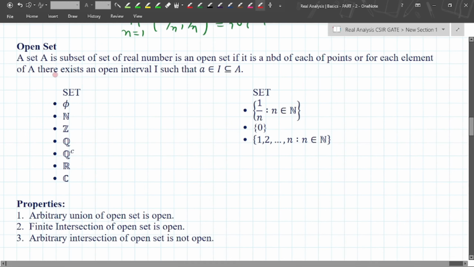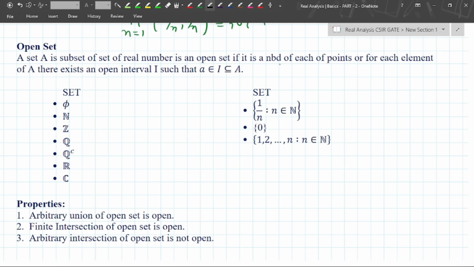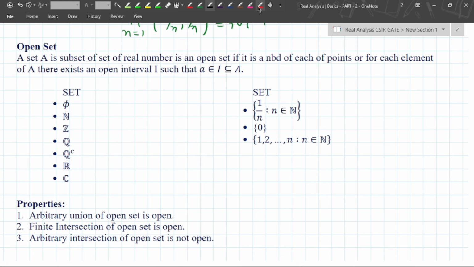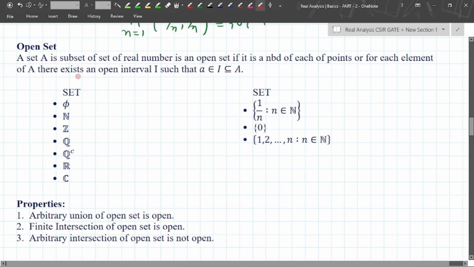A set A, a subset of the real numbers, is an open set if it is a neighborhood of each of its points. In simple words, a set is open if it contains an open interval for each of its elements. This is another definition we can say.